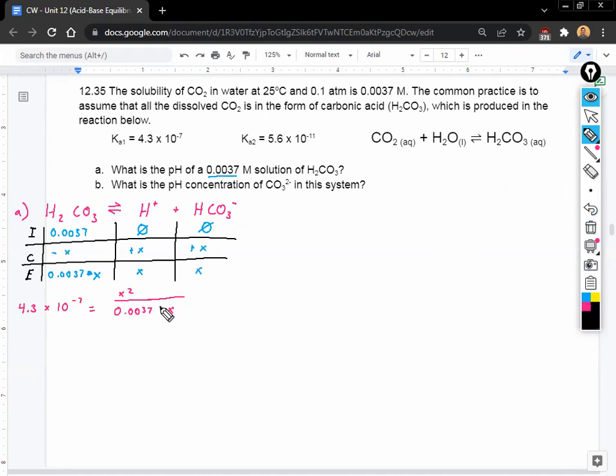So that means we can ignore the change because it's going to be insignificant. And so we're going to have this as our expression: 4.3 times 10 to the negative 7 times 0.0037 is equal to X squared.